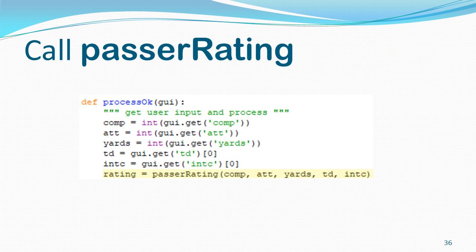So now we're going to call passer rating, and it's what we expect. You just have passer rating, and our 5 parameters, or actually 5 arguments, and then it's going to assign the results into rating.